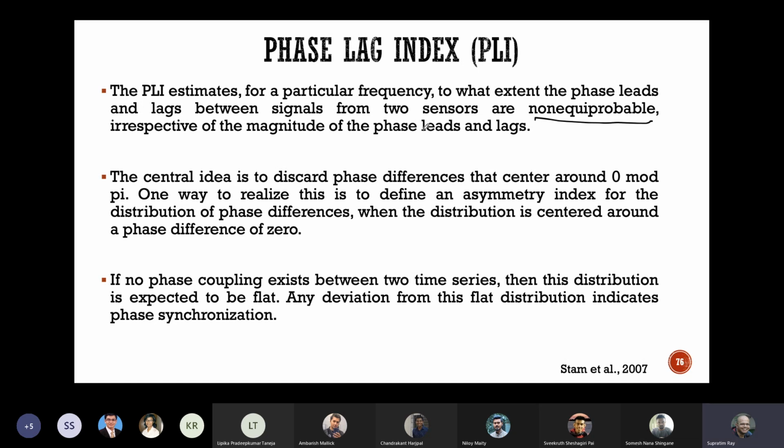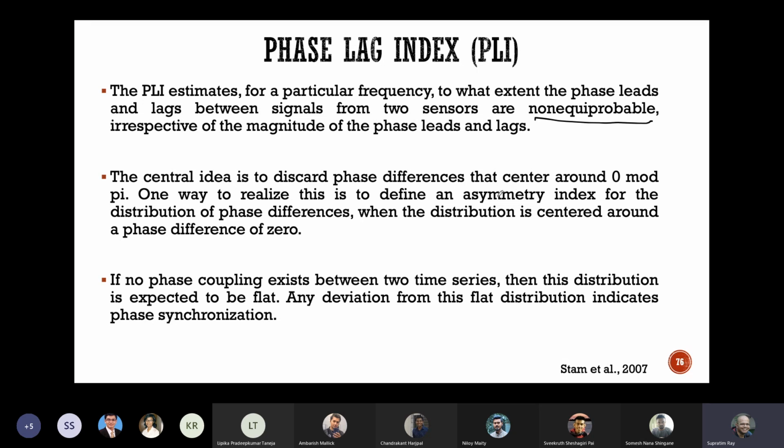Okay, I'm just asking, let's say I've got 100 trials, how many have a phase lead and how many have a phase lag? If it's 50-50, then there is no PLI, it is small. If it's away from 50-50, then you get a measurable signal. Okay, so we're essentially discarding phase differences that are centered around zero.